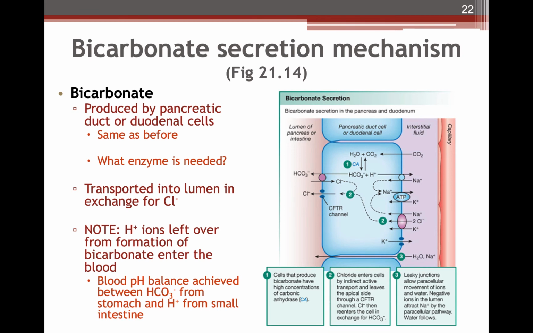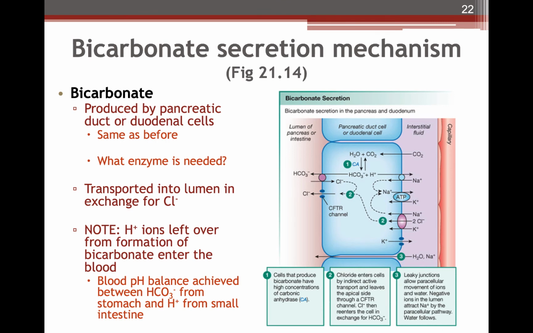It's flipped such that now bicarbonate is being released into the lumen of the digestive tract. And look, hydrogen ions are going the other way this time, into the interstitial fluid, and they would join the blood. But don't worry about these hydrogen ions being pumped into the blood, because remember, extra bicarbonate buffer was put into the blood preemptively by the stomach, by the parietal cells.